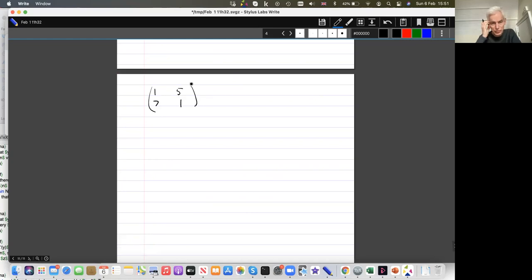So what I did in the case of a 2 by 1 matrix was subtract the smaller one from the bigger one repeatedly, which I did by doubling it and then doing a subtraction.